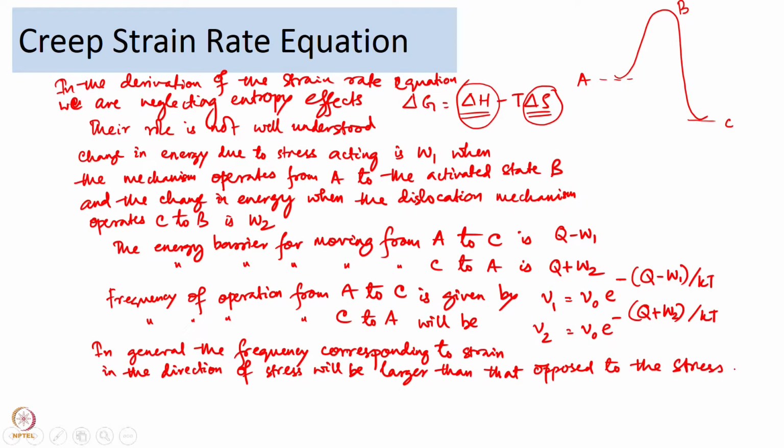Since the stress is aiding the dislocation motion, the probability of the dislocation moving from A to C is going to be higher than the reverse, coming back from C to A. That is because of the presence of the stress.